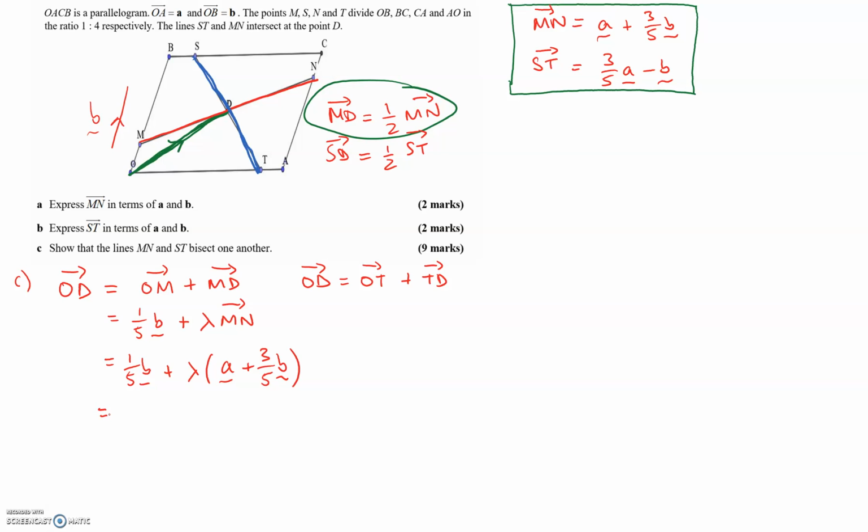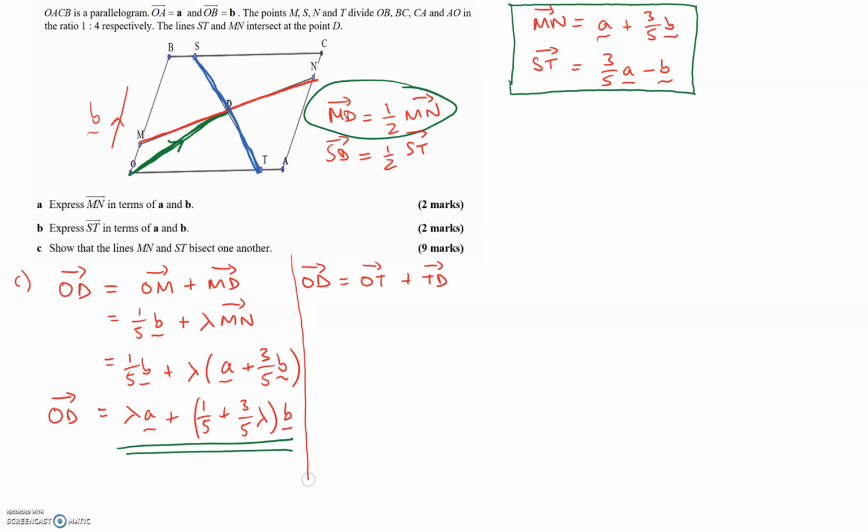It's going to be helpful later. So all the A's is going to be lambda A, and all the B's is going to be 1/5 plus 3/5 lambda B. Okay, so that is going to be very useful later on. So bear in mind, that is one way of writing the vector O to D.